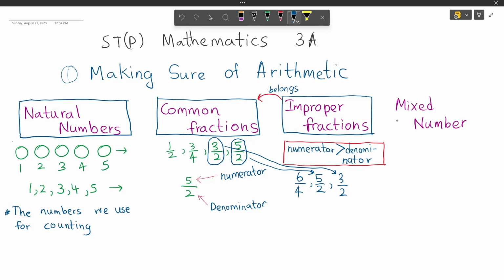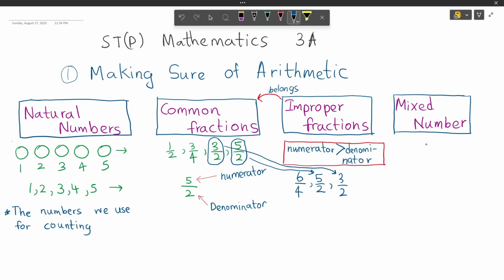Then we can move on to mixed numbers. When we come to mixed numbers, the name also gives some hint what kind of number this is. Mixed. What does it mean by mixed? Mixed means two things have mixed together.